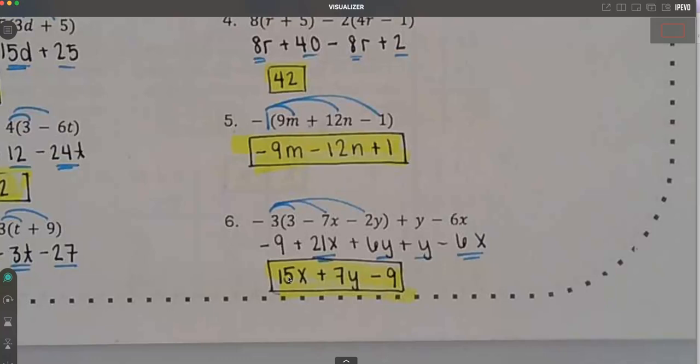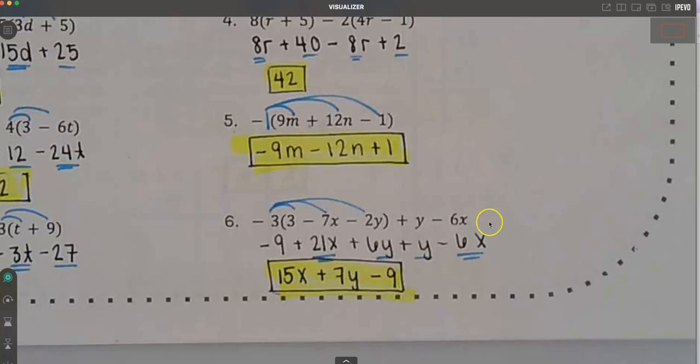All right, any other questions? Yes? So for the one that just has a y, you just have it as a 1? Yeah, because if there's no coefficient there, it's automatically a 1. Any other questions? Does anyone need a few more seconds to copy this down?